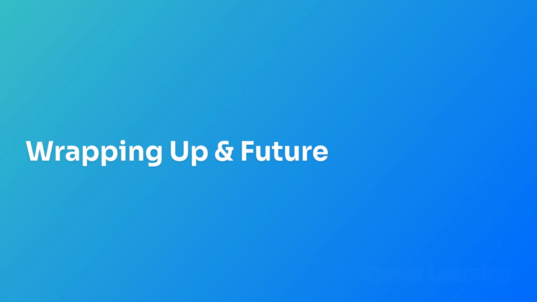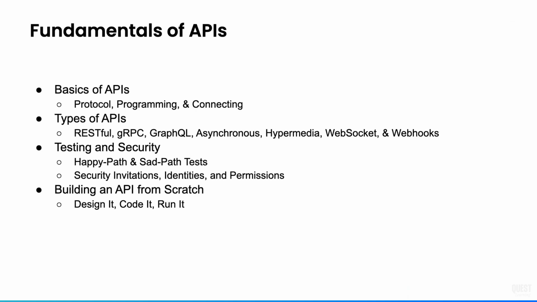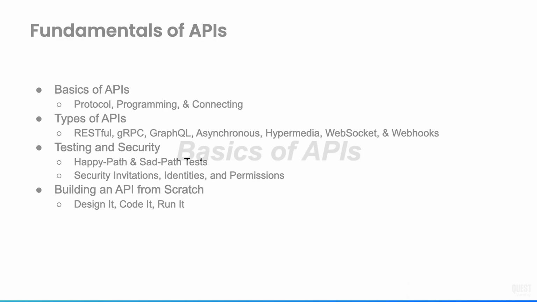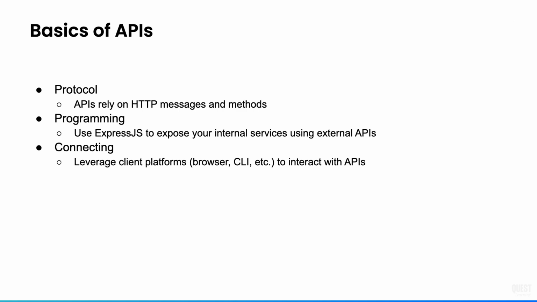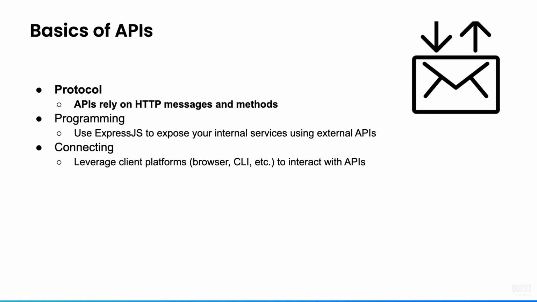Okay, let's do a recap on the whole course. We've talked about the basics of APIs, the types of APIs. We've talked about testing and security, and we built an API from scratch. On the basics of APIs, we focused on three key things. Protocol. APIs rely on HTTP messages and methods to make information pass from client to server and back again.